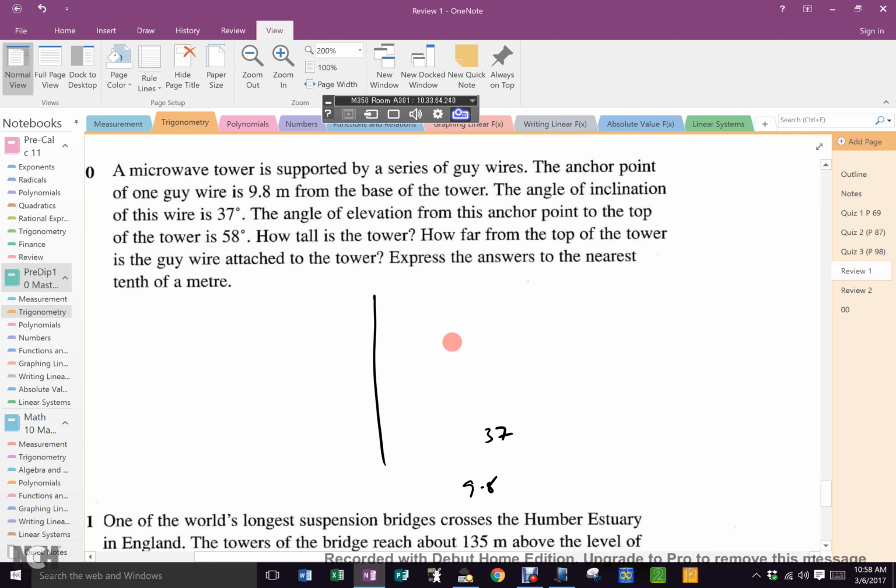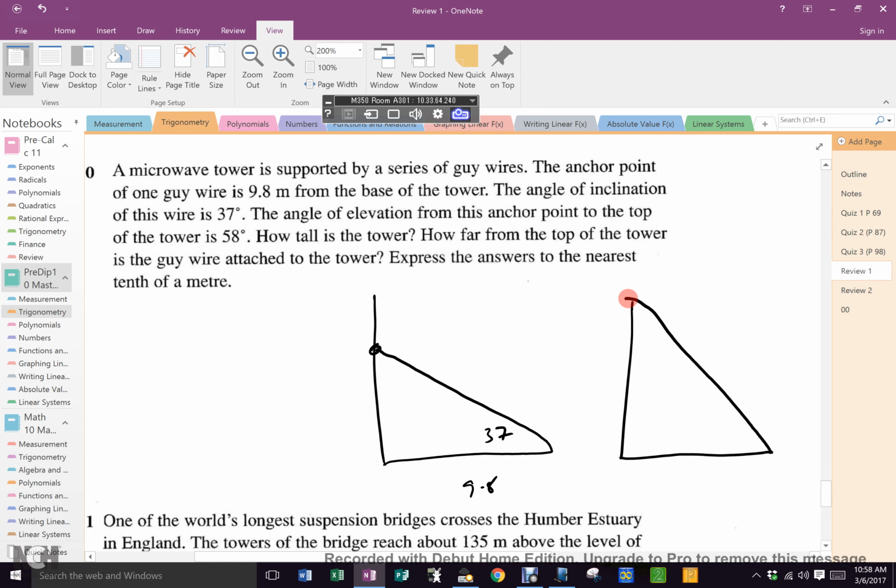Oops, I did it wrong. That's one. 9.8 and 37. Then the other one goes all the way up to the top. It's 58 and 9.8. And then you do the math to find out how tall the tower is. So you find this height. You find this height. Then this height. Then you subtract for this height.